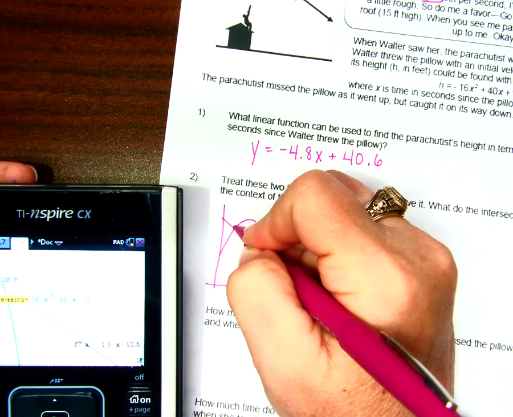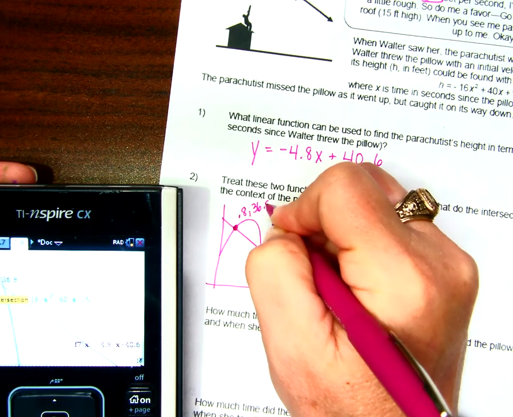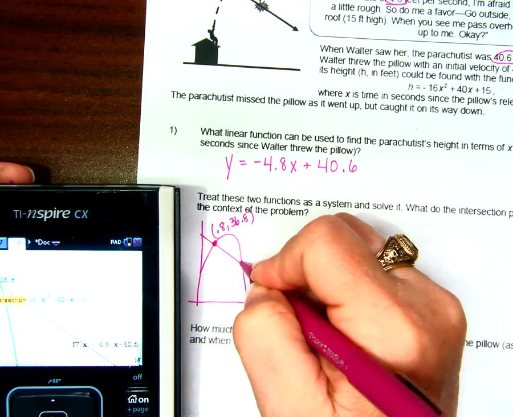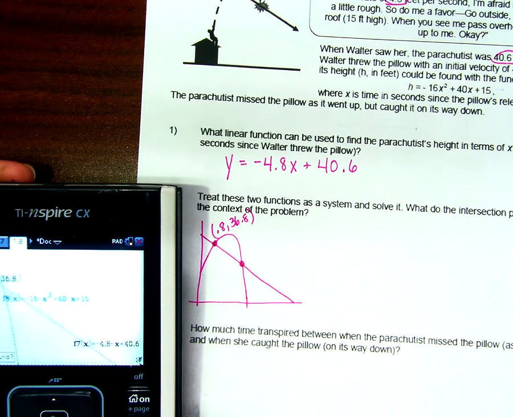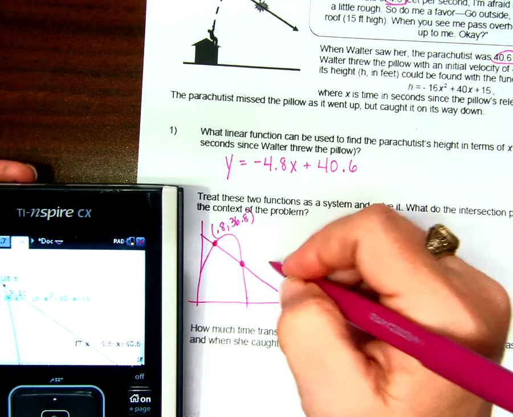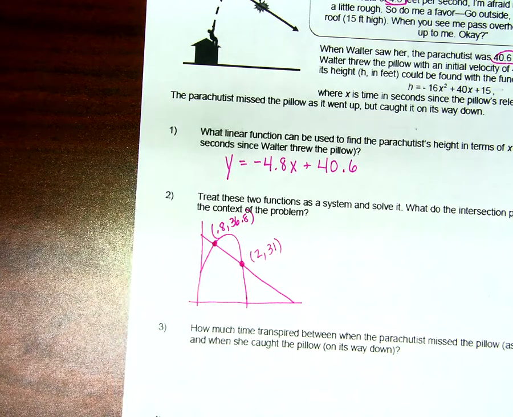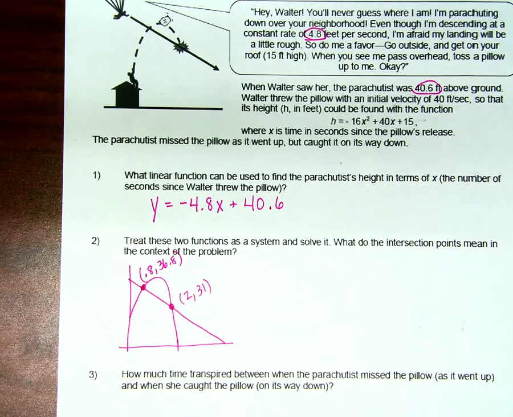So this point right here is 0.8, 36.8. And this point right here is 2, 31. Did you get both of those? What do the intersection points mean in the context of the problem?